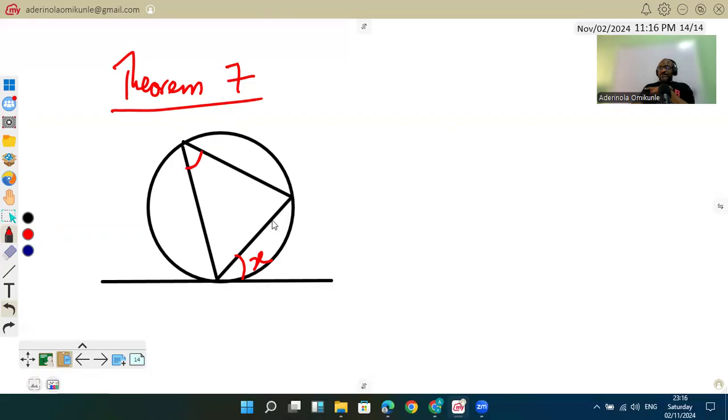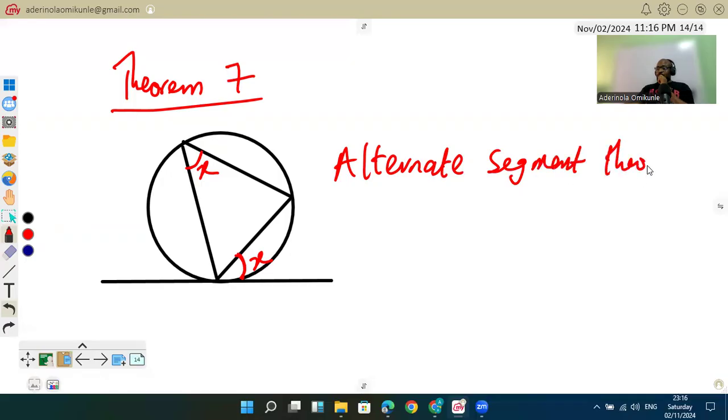And what this theorem is saying is that this angle x is equal to this place. And the theorem is called the alternate segment theorem. So that is telling you that this angle is equal to this angle because they are in alternate segments.